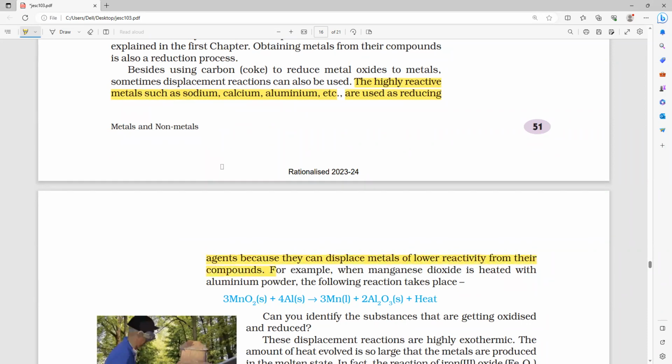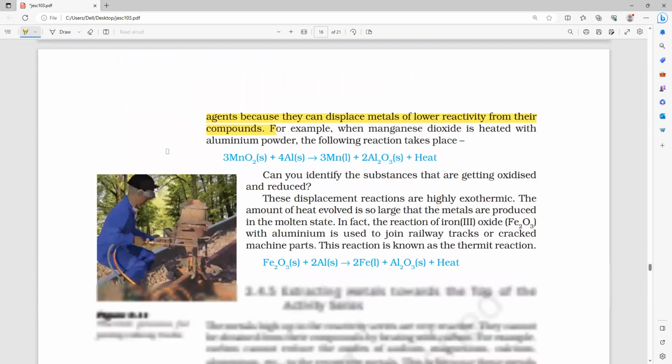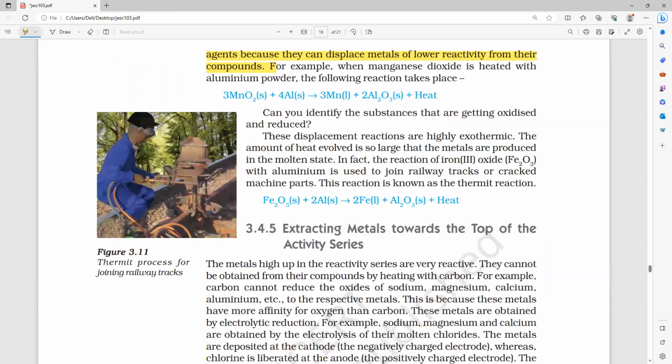So this is an example of displacement reactions, and one of the best examples of exothermic reactions. This is a very popular equation that we call thermite welding.